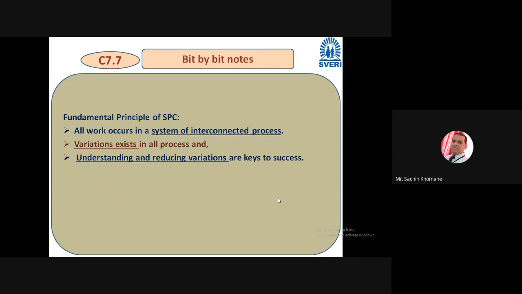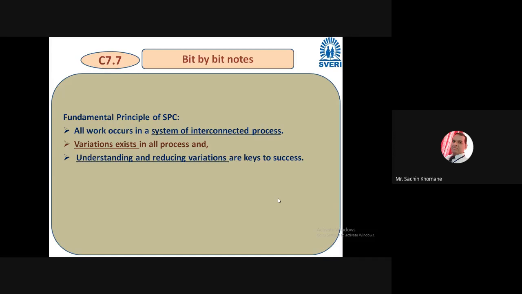Then basically, the fundamental principle of SPC. Friends, all work occurs in a system of interconnected processes. Many interconnected things are there. As we have discussed, the machine is there, man is there, right? Tools are there.